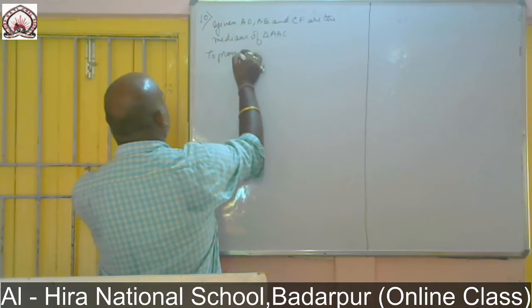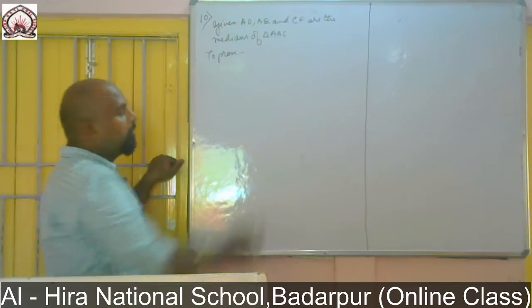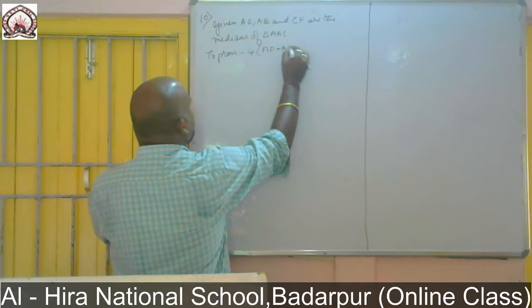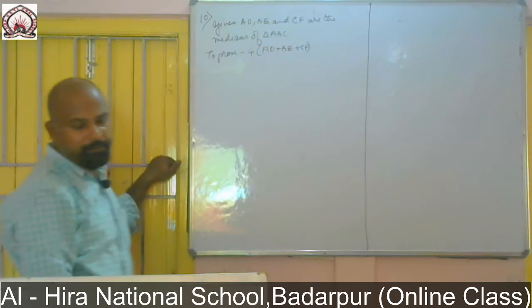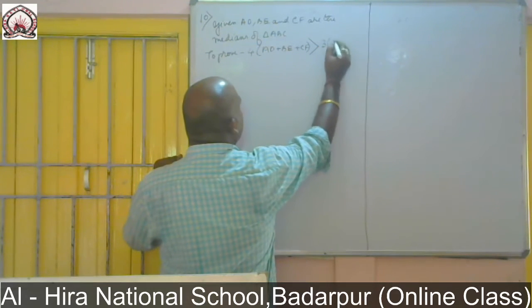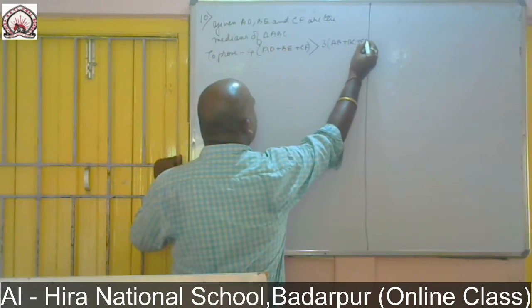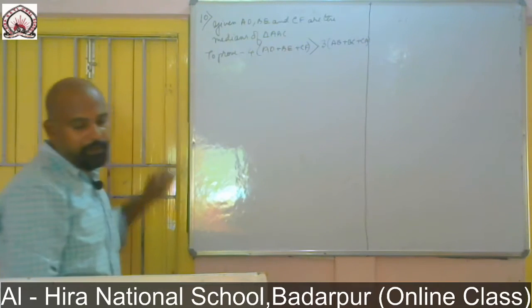We have to prove that 4 times of AD plus BE plus CF is greater than 3 times of AB plus BC plus CA.